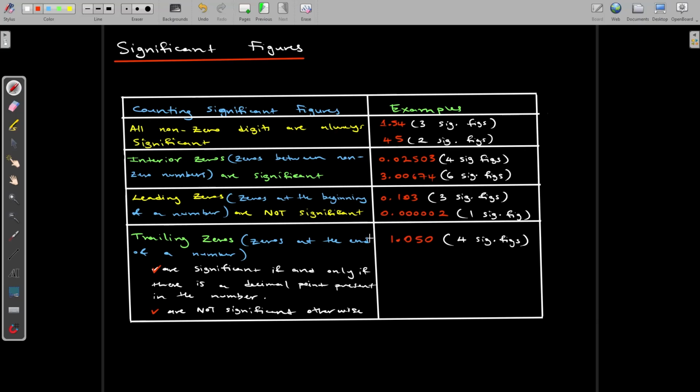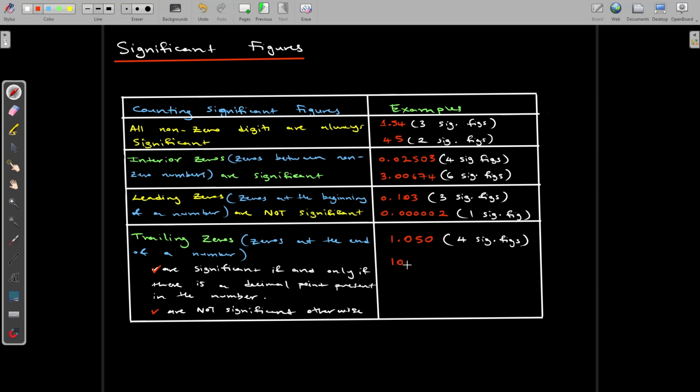Decimal points are used to express accuracy or precision. So usually when you see a decimal point, we're dealing with precision and we don't want to leave off anything from a number that is precise.